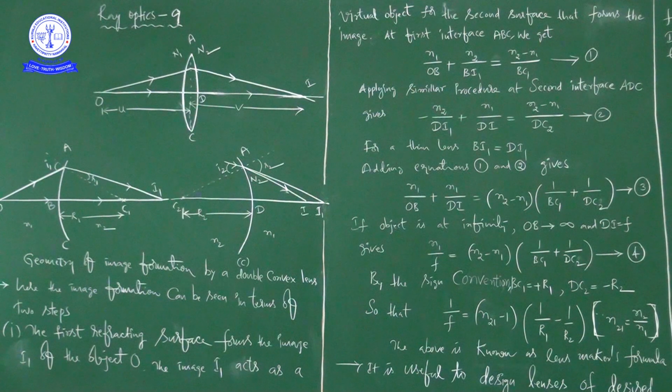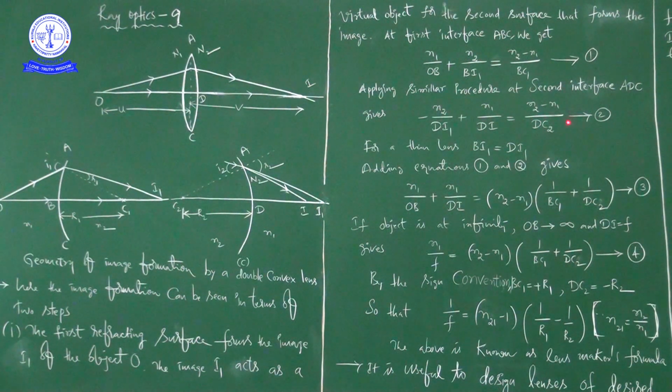Next, applying a similar procedure at the second interface ADC, the same image formation formula, n2 by v minus n1 by u is equal to (n2 minus n1) by r, we get this relation: minus n2 by DI1 plus n1 by DI is equal to (n2 minus n1) by DC2.